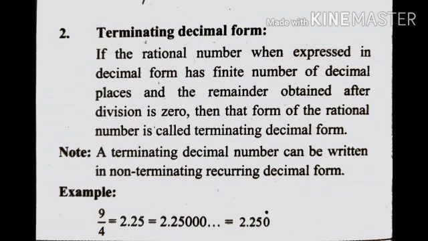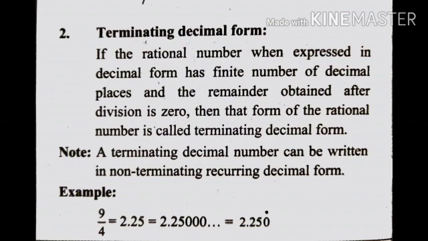Now, let's learn how to represent terminating decimal form in non-terminating recurring decimal form. For this, see the example below. The rational number 9 upon 4.